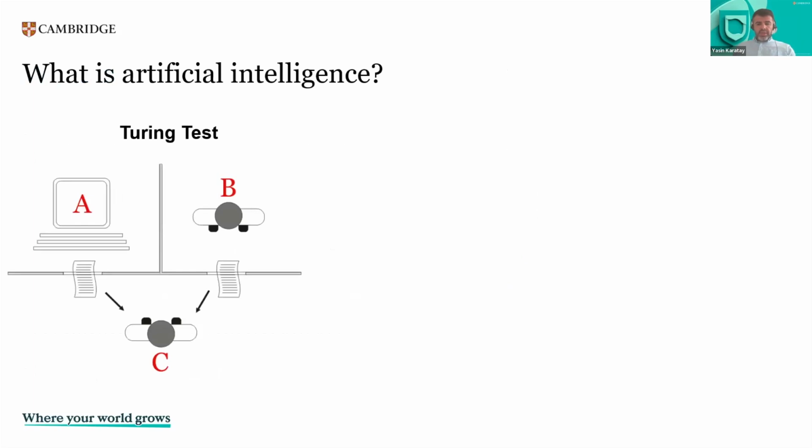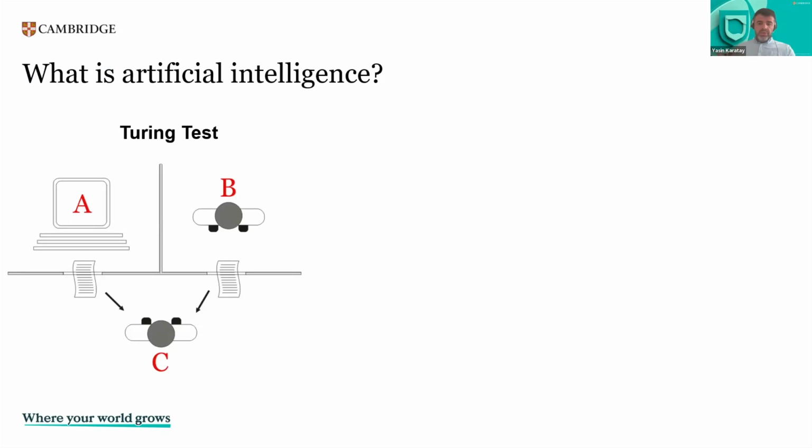So let's start by talking about how we can understand if an artificial intelligence is intelligent. The Turing test is the original so-called test for AI. I don't know if you have heard of it before. The image you see here shows how this test works. Let me describe it for you.